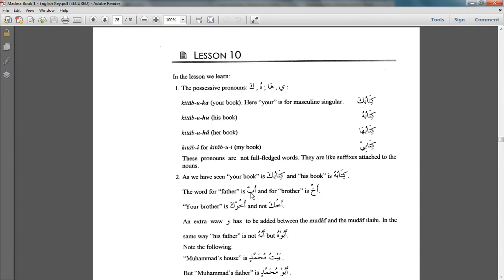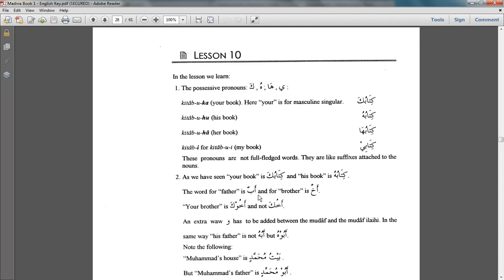And what we have here is that whenever you have a dhamir attached to these nouns, between the noun and the pronoun, you have to put either a waw, alif or ya. For example, abun, abuka, abaka, abika, depending on the situation that that word is falling in, and we'll explain later on why the situation changes.